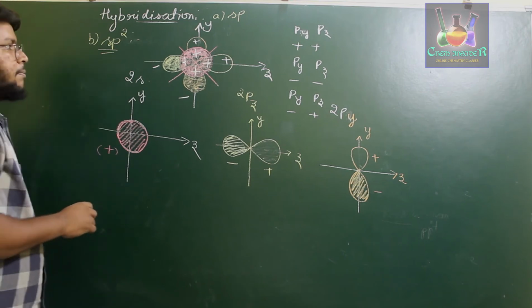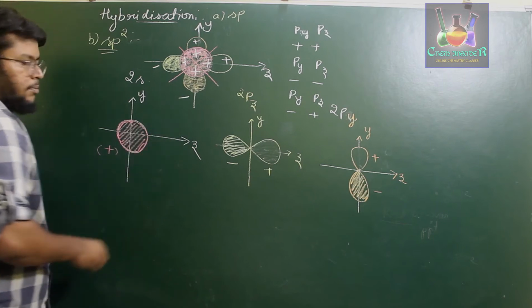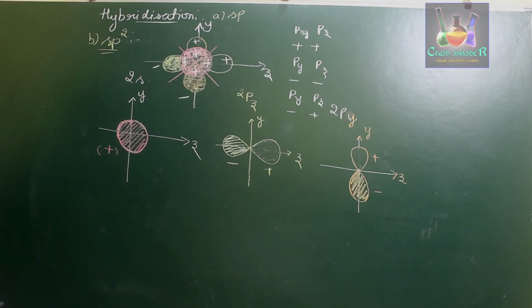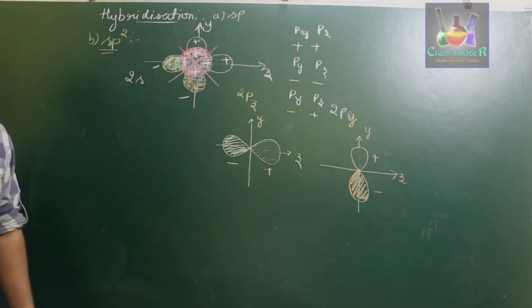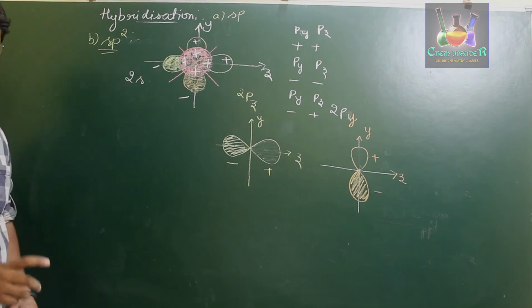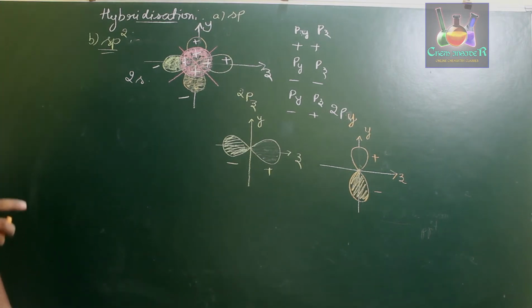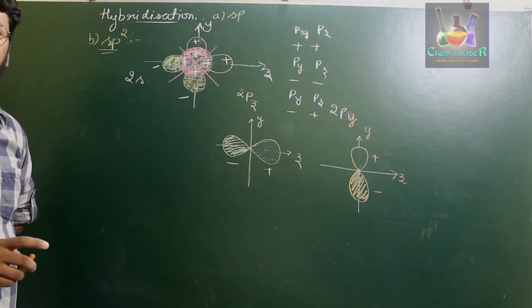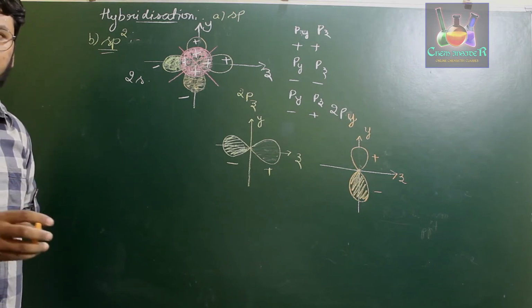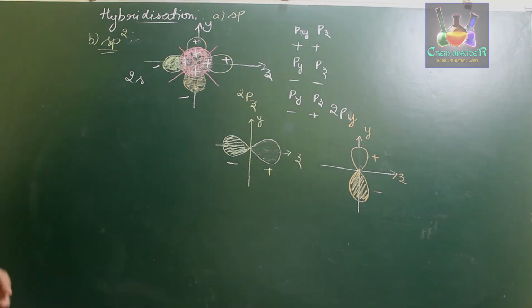So now what happens is, one of these lobes will align itself at one angle. The three hybrid orbitals of sp2 will all be present in the same plane, and they should have minimum repulsion and maximum distance from one another.